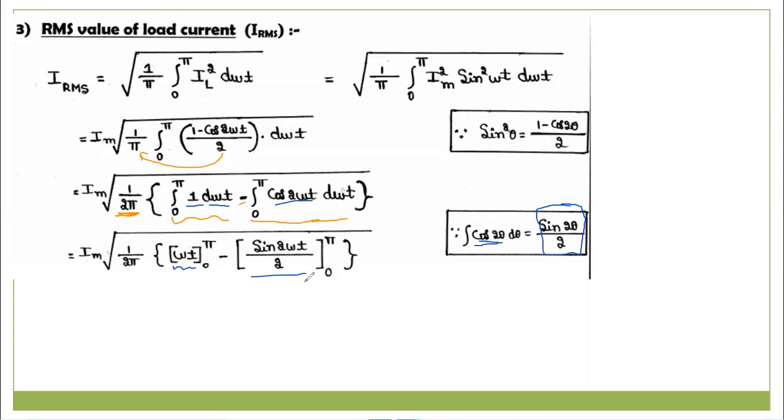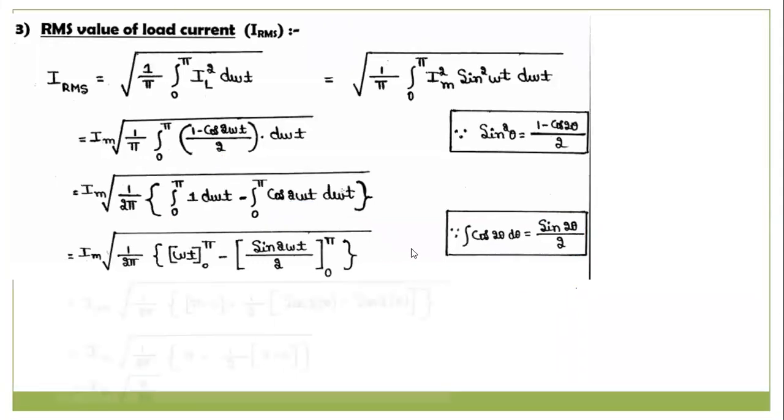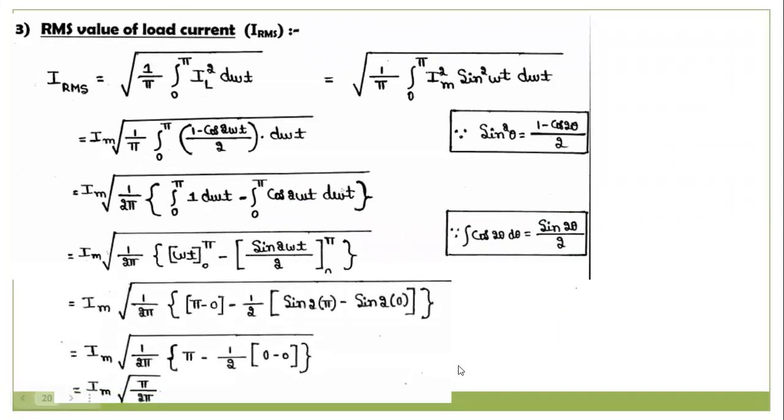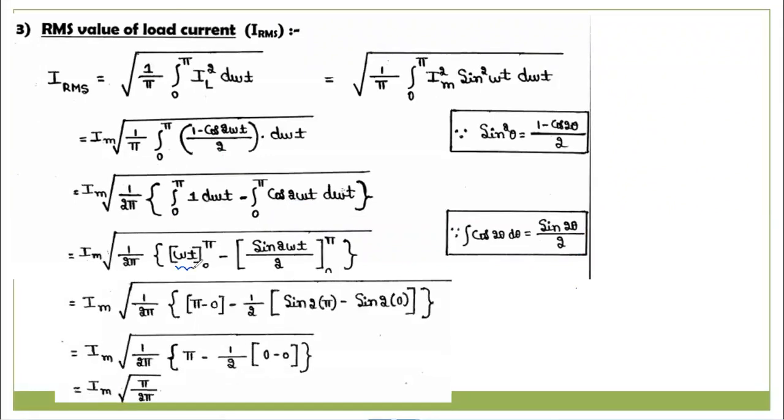If I proceed with further simplification, we need to substitute the upper limit and lower limit into the expression. The upper limit is substituted with pi, and the lower limit is 0, so we get pi minus 0.